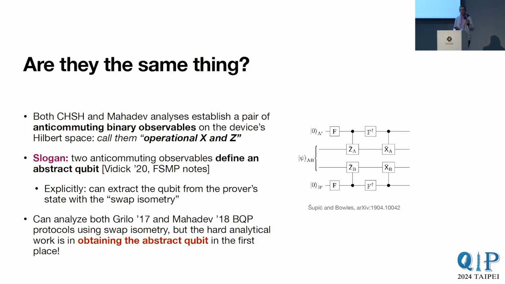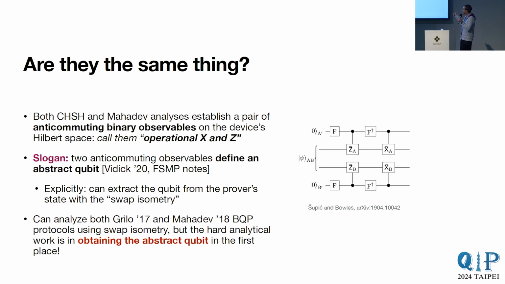So the idea is that if you can somehow certify that the prover applies 2 different binary observables on its space that anti-commute, then that certifies that there exists a qubit. There exists a 2-dimensional Hilbert space that the prover is manipulating. And that can be done very explicitly in your analysis: as soon as you have 2 anti-commuting observables, there's an actual map you can write down that extracts this 2-dimensional Hilbert space that corresponds to the qubit that they act on.